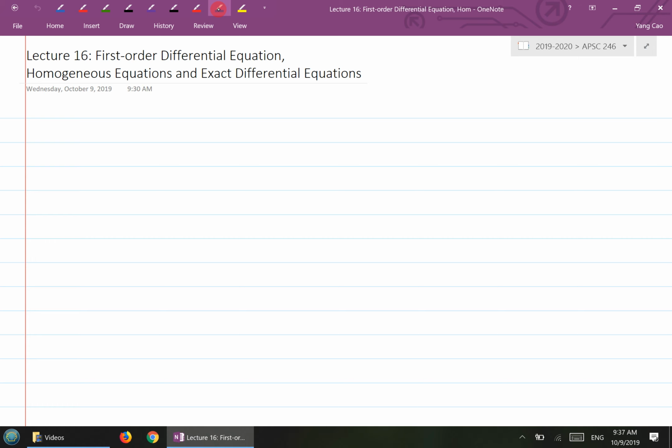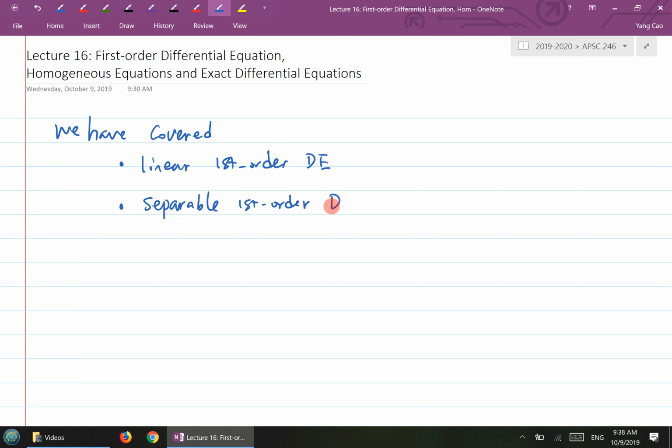So let's continue on differential equations. We have covered 2 different types. One is the linear first order differential equation. We have also covered another type called the separable first order differential equation.